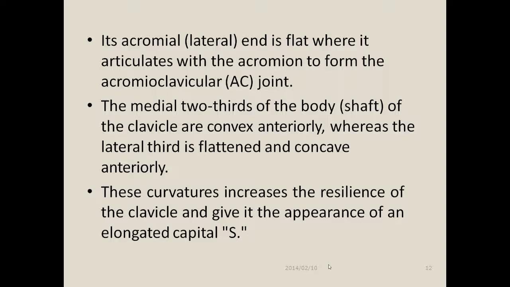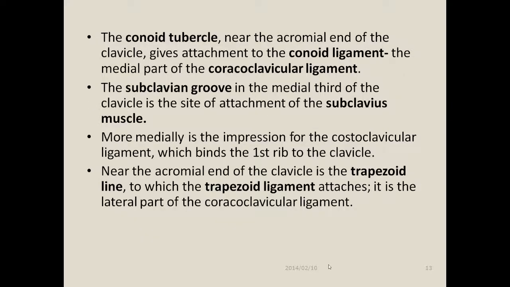The medial two-thirds of the body of the clavicle are convex anteriorly, whereas the lateral third is flattened and concave anteriorly. These curvatures increase the resilience of the clavicle and give it the appearance of an elongated capital S. The conoid tubercle near the acromial end of the clavicle gives attachment to the conoid ligament, and the subclavian groove in the middle third of the clavicle is the site of attachment of the subclavius muscle.